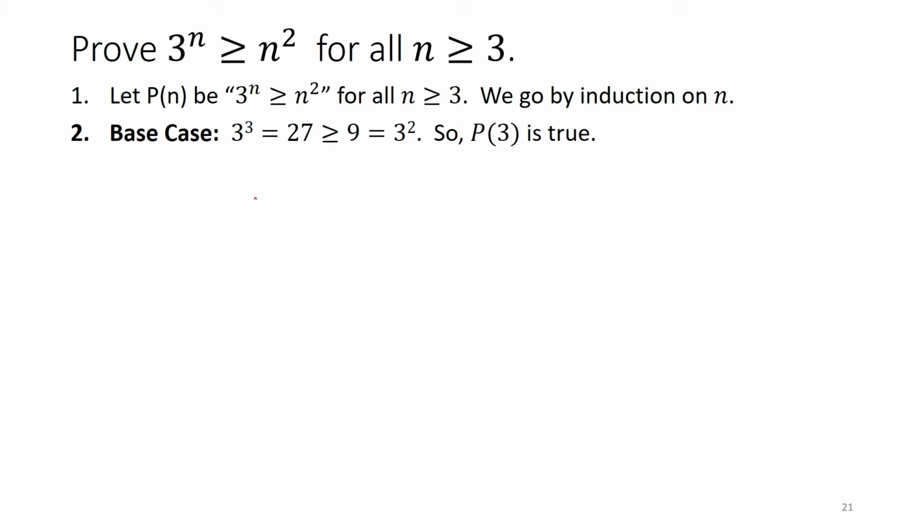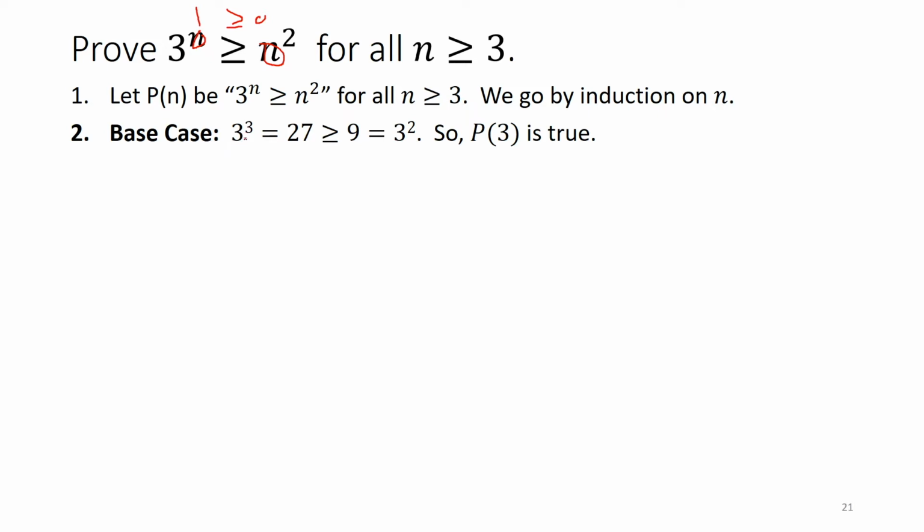So first, we need to find the base case. By the definition, we may need to use 0. If we use 0 here, this is 1 and 0, and that's fine. But in this case, I want to start from 3 instead of 0 or 1.